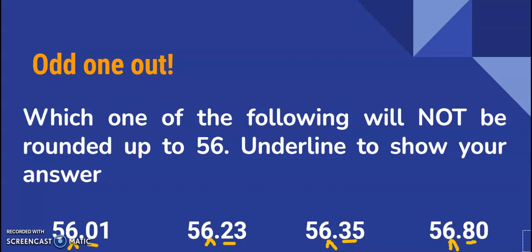Since this is 5 or more, it is going to add one more to my target digit. So as I add one more to my target digit, this will become 57. So 56.80 is the number that if I round off, it will round off to 57, not 56. So this is how you can solve an odd one out question as well.